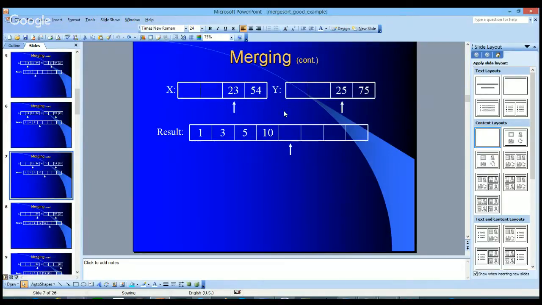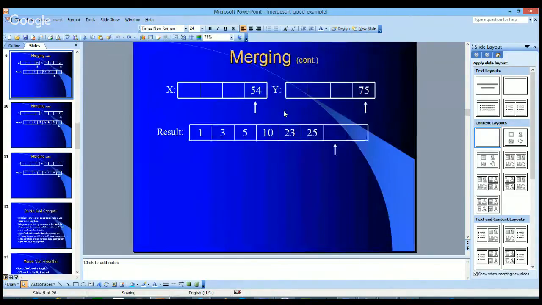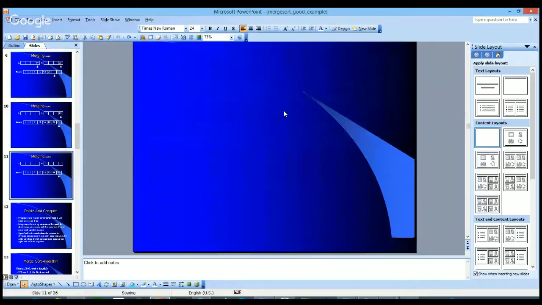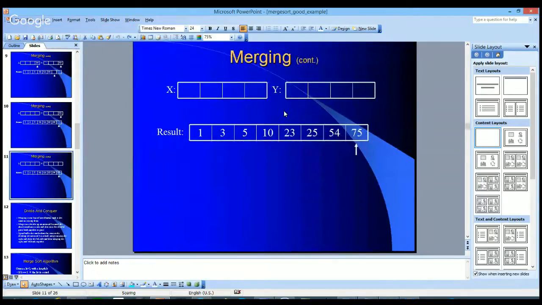The smallest one among the remaining numbers on the two lists is given the next spot. So the end result is a bigger sorted list, which is created out of two already sorted lists. Here, the merge sorted list is shown right here.